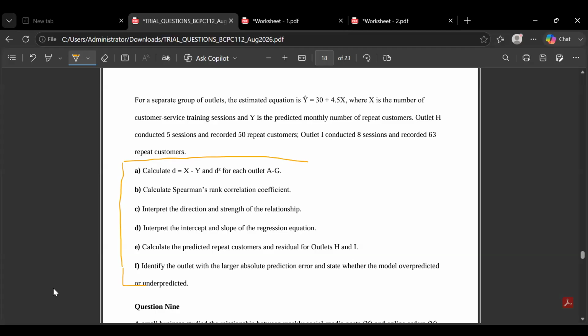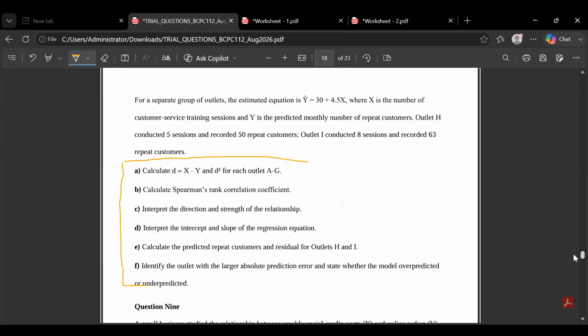E. Calculate the predicted repeat customers and residual for outlets H and I. F. Identify the outlet with the larger prediction error and state whether the model overpredicted or underpredicted. Okay, so it's similar to the first one. So after that, what do you do next?